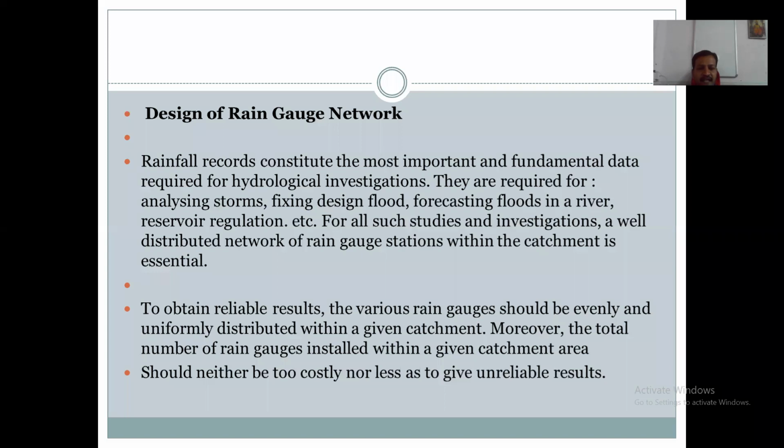Then, design of the rain gauge network. How is a rain gauge network designed? So why is the design of a rain gauge network done? Rainfall records constitute the most important and fundamental data that is required for hydrological investigation.